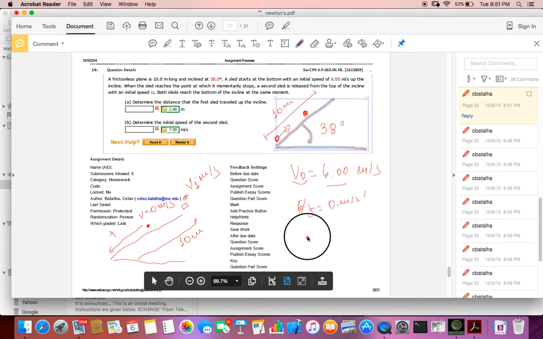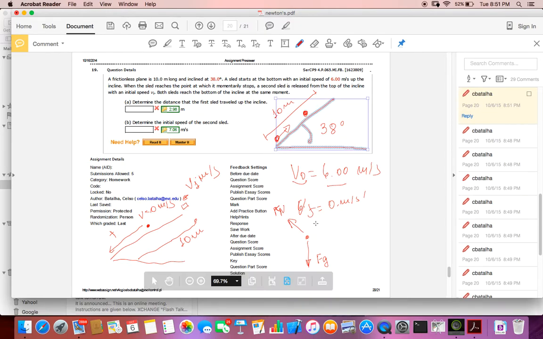So the free body diagram is a downward gravity force, you have a normal force, and pretty much that's it. You don't have any other force acting on it, since friction is not an issue.